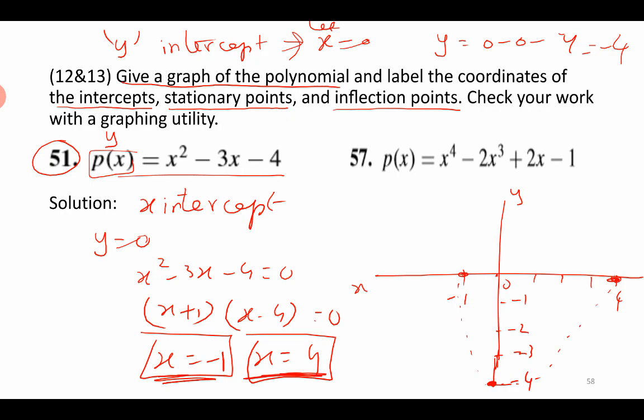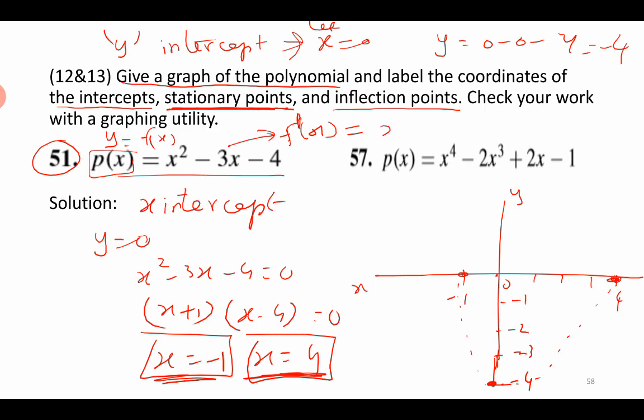Okay. Next, we will find where will be the minimum value of this function, at this point or somewhere. Minimum value of this curve comes at its critical point. So we need to find critical point, which is stationary point again here, right? Because first derivative, let's find f dash of x, that is p dash of x, isn't it? You can consider this is y or f of x, anything.